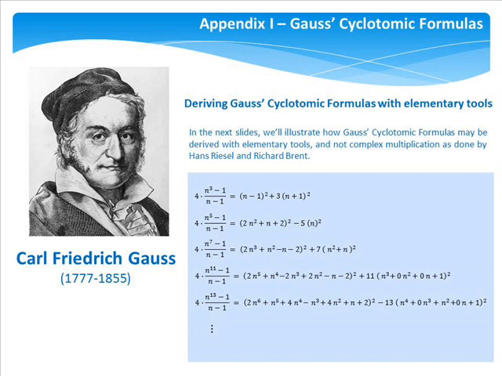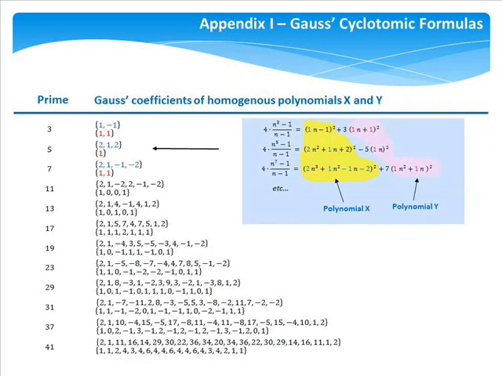In Hans Riesel's book, Prime Numbers and Computer Methods for Factorization, Riesel and Richard Brent present a method to derive them, albeit relying on complex multiplication rather than elementary techniques. Below, a table showcasing the coefficients of the homogeneous polynomials x and y.